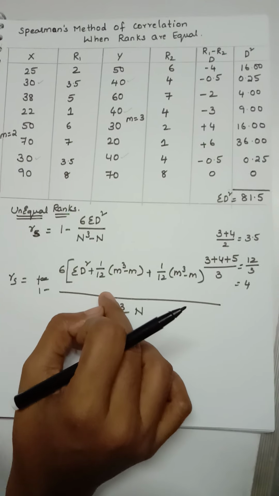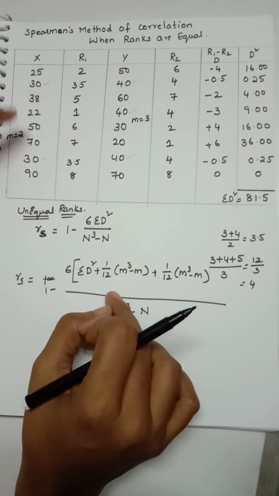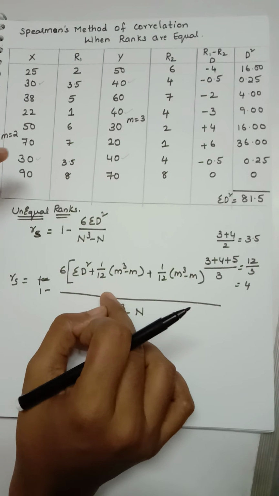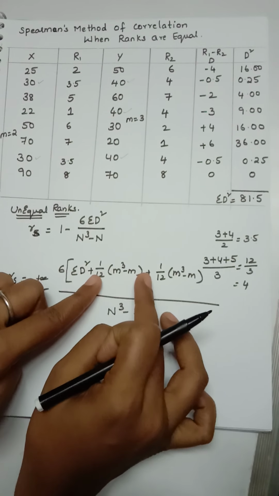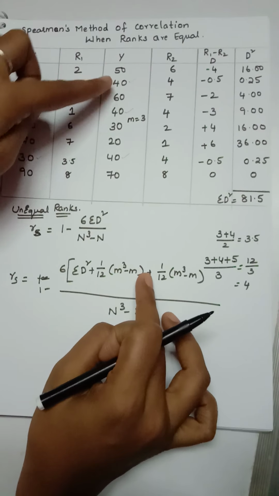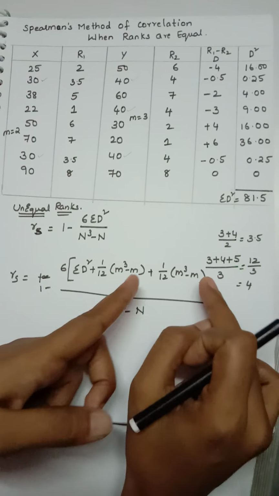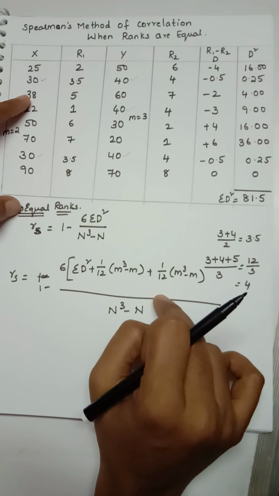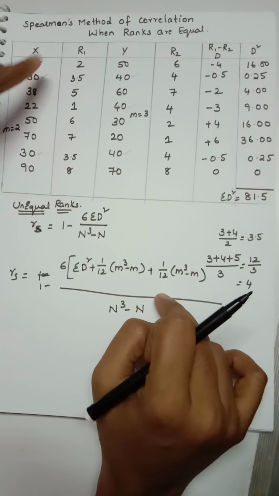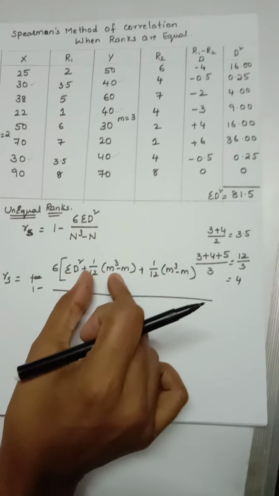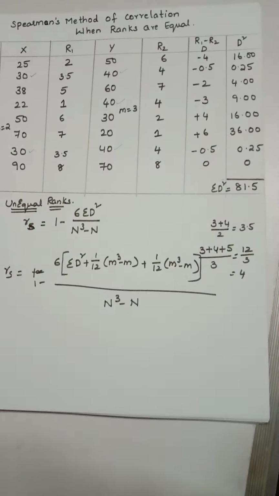Once again I'll repeat, in the X series only 30 is repeating, that's the reason I wrote one set only. In the Y series, only 40 is repeating, thrice, that's the reason it closes here.